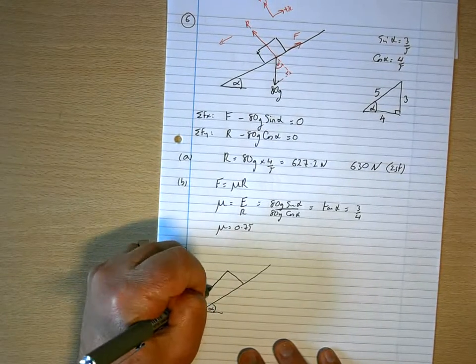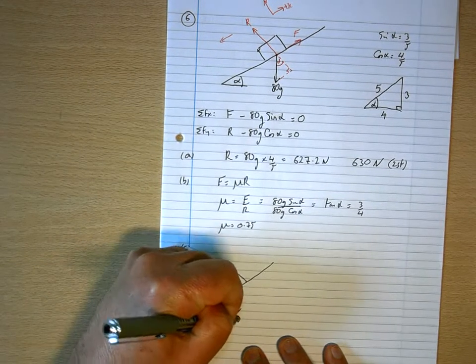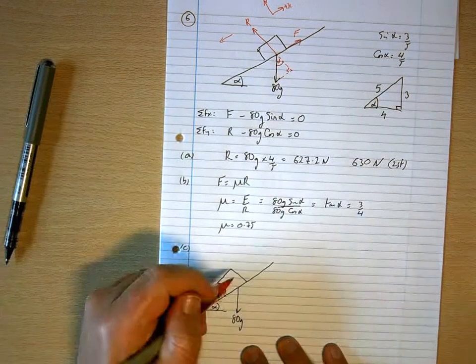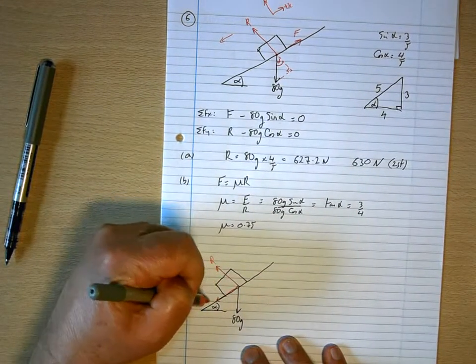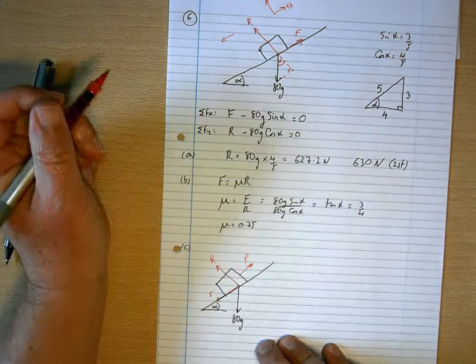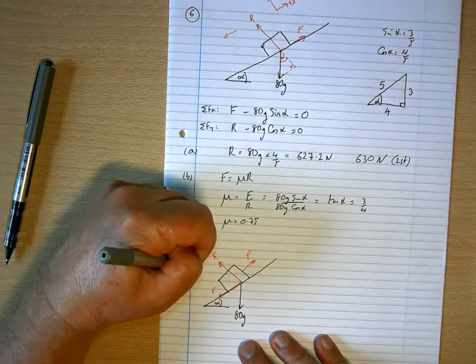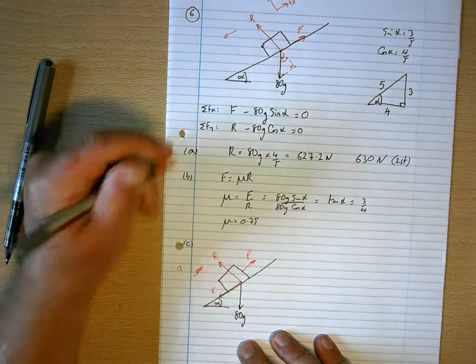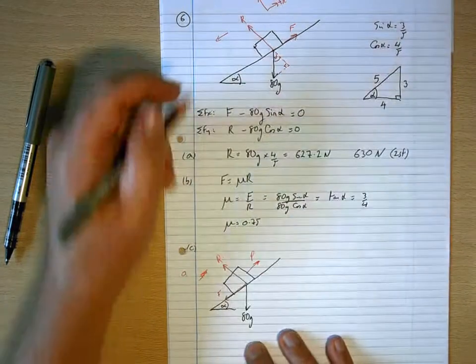What we've got now is a frictional force that's pulling down, and a pulling force that's taking it up. It's accelerating upwards with an acceleration of 0.7.